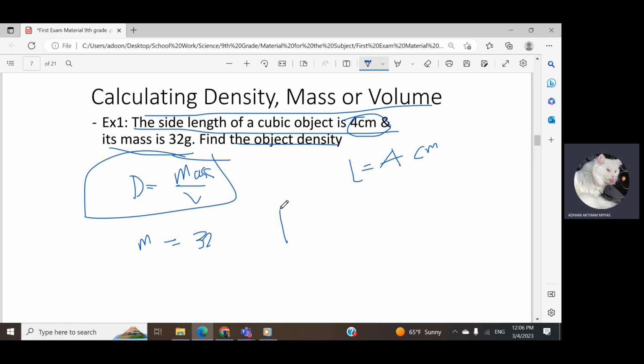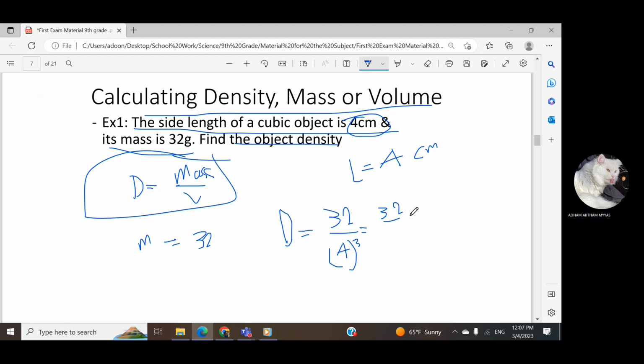Now I can find the density in an easy way by writing 32 over 4 cubed. It's easier for us to think about the question before solving it. So 32 over 64, we would have half as an answer.